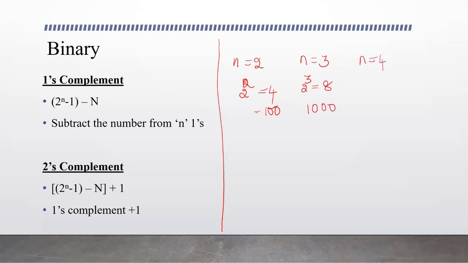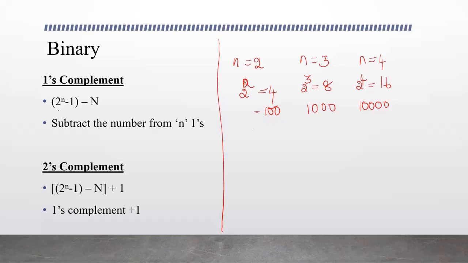When n is equal to 4, there are 4 binary bits, 2 power 4 is 16, and the binary equivalent is 10000. So for binary we say that 2 power n is 1 followed by n zeros.